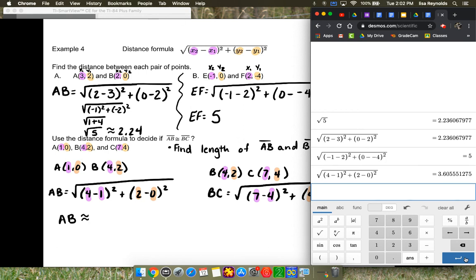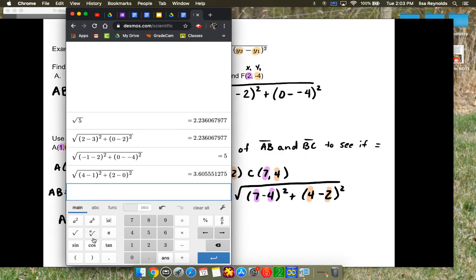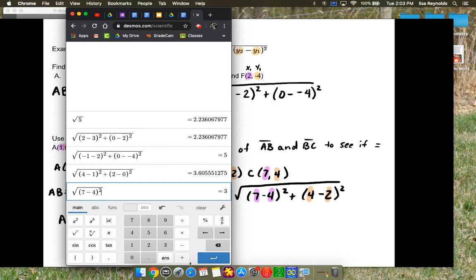This one is approximately 3.61. For BC, we're going to go through the same process. So we have the square root of (7 minus 4) squared, plus (4 minus 2) squared.